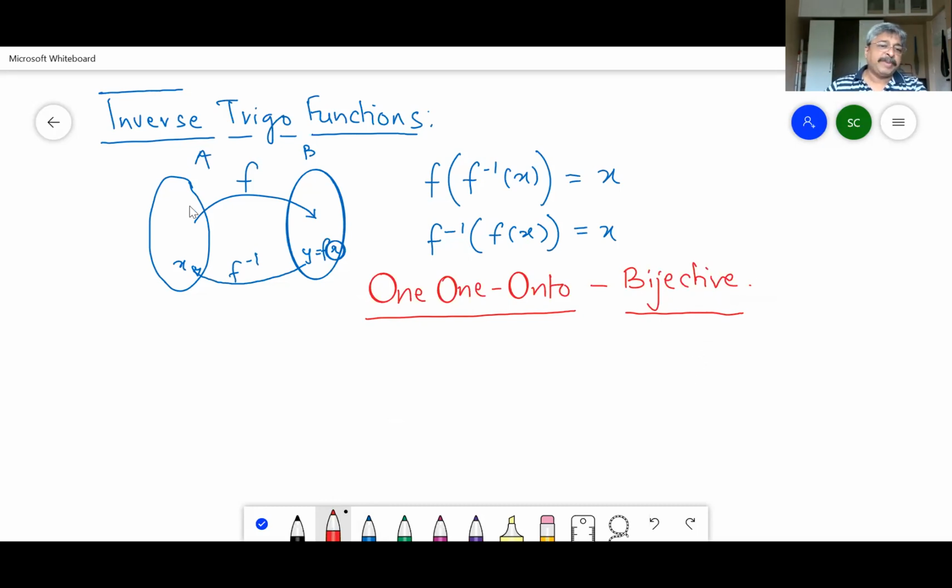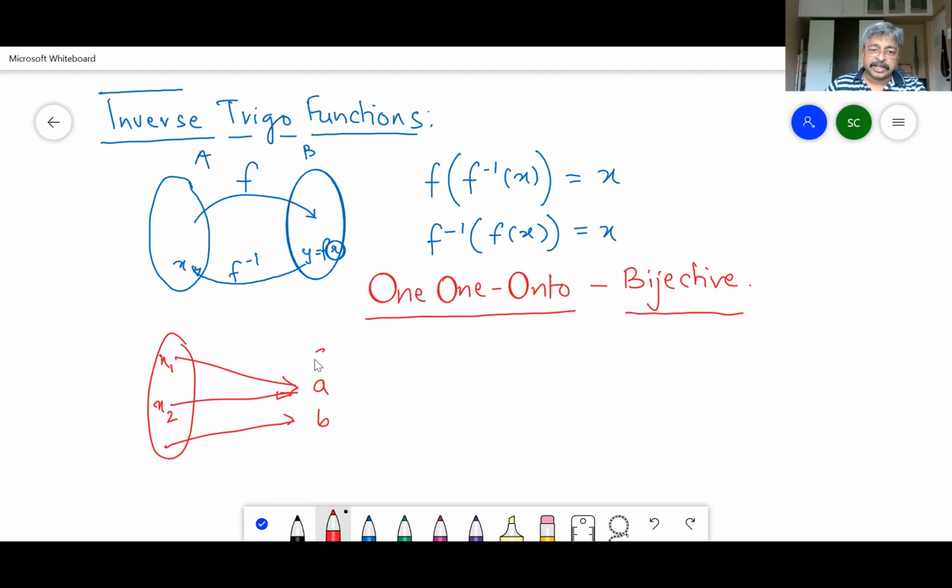Because if it is a many-one function, something like this, with A and B, then when we take the inverse, A will not know where to go, whether to X, X1 or X2. When we reverse these arrows, A will be in confusion. So many-one is not acceptable.